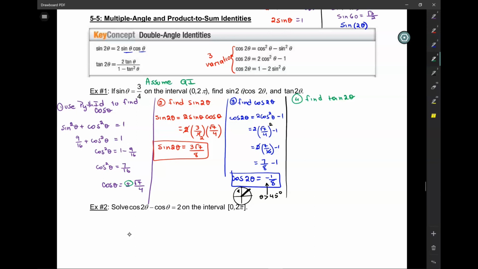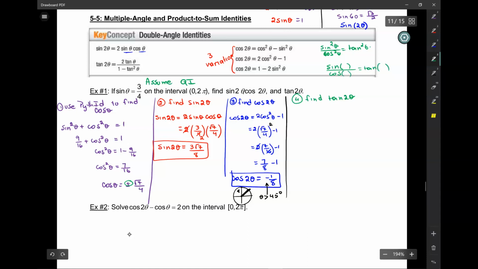Now, I'll take your question in a second. Okay, so listen. Let's think about tangent for a minute. What's sine over cosine? Tangent. What's sine squared over cosine squared? Tangent squared. So now, guess what? Turns out sine of anything over cosine of anything is tangent of that same thing.